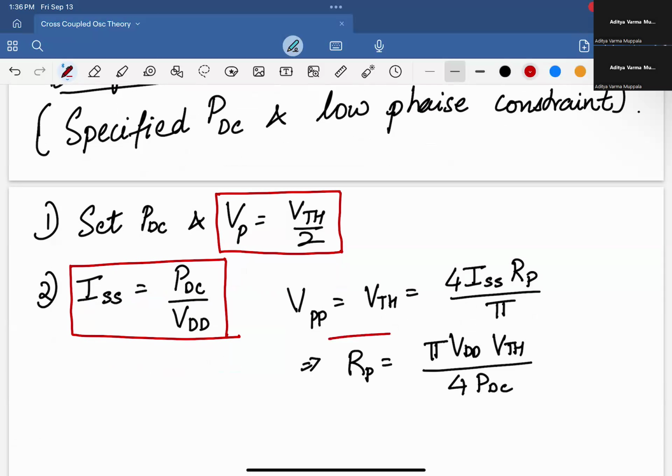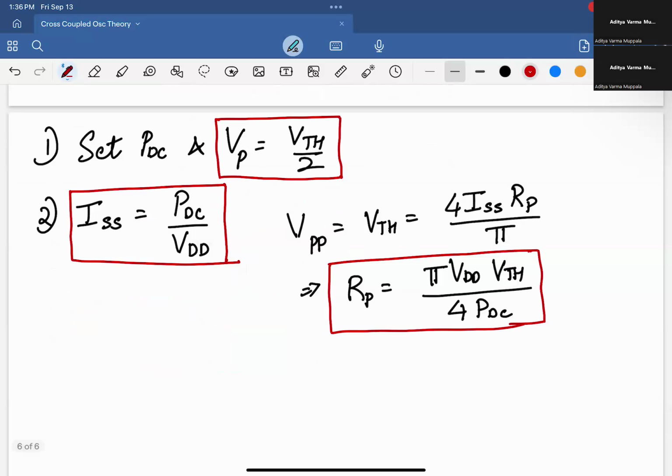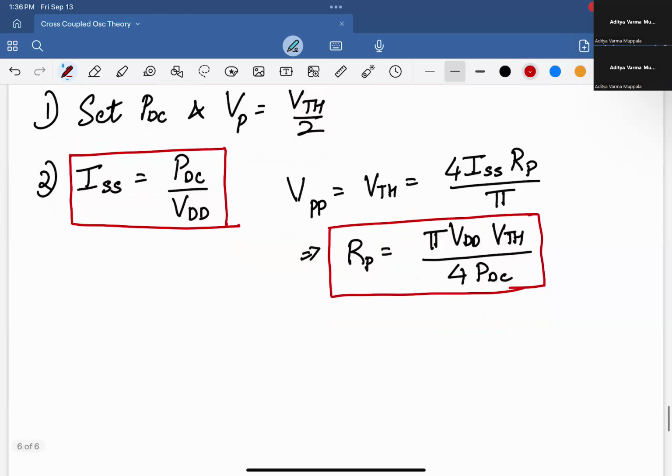So that determines RP. Right, so now you have RP determined. Maybe I shouldn't put a box around VP because that's not necessarily a design constraint. Right, so we wanted to find the value of ISS. We found that. We wanted to find the value of RP. We found that.